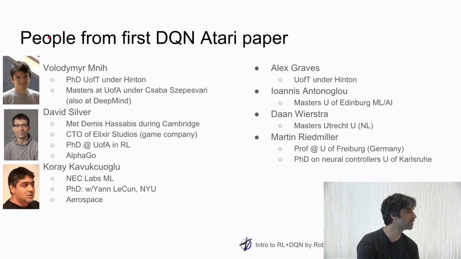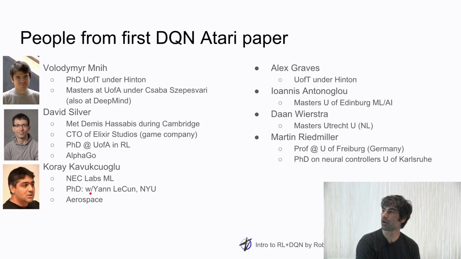So who actually made the DQN paper? Vladimir Mnih did his PhD at U of T under Geoffrey Hinton, and his Masters at the University of Alberta. You'll notice some of these people have ties to University of Alberta. Why is that? Because Rich Sutton is like the godfather of reinforcement learning. He's from there, as you well know. I think you studied under him, is that right? Cool. David Silver did his PhD at University of Alberta.